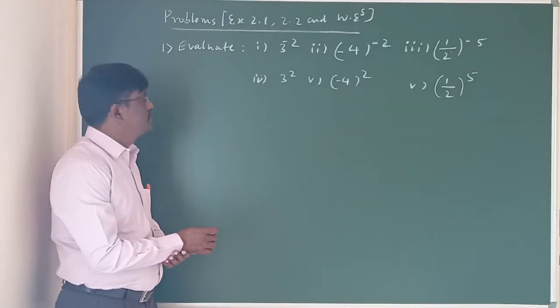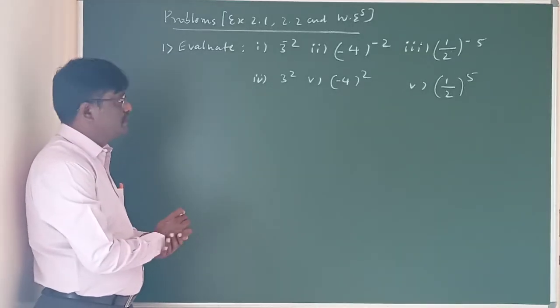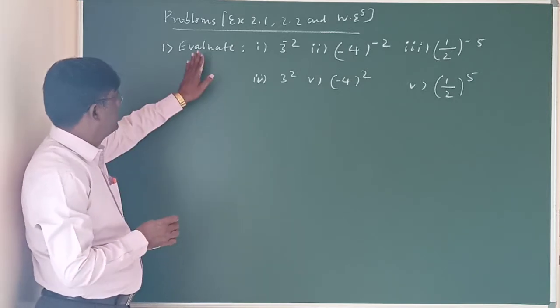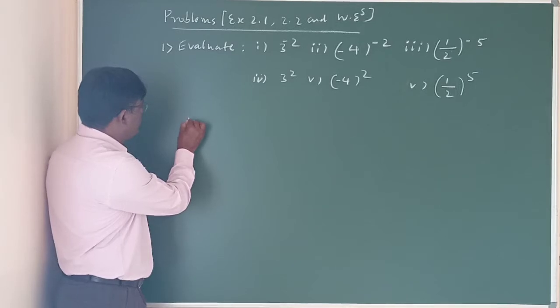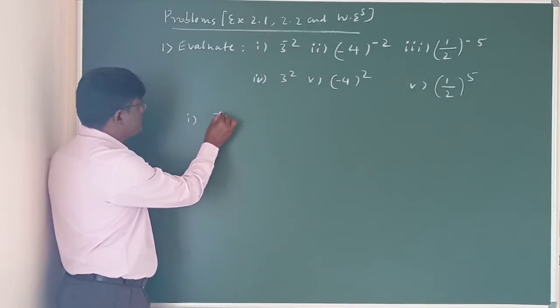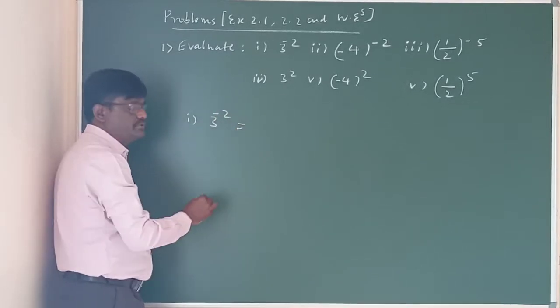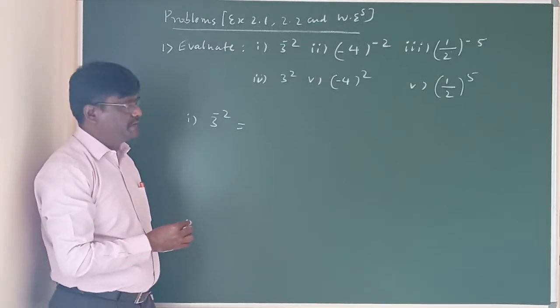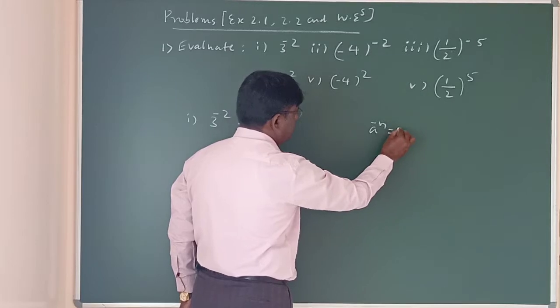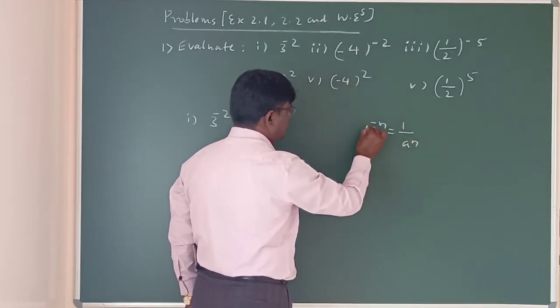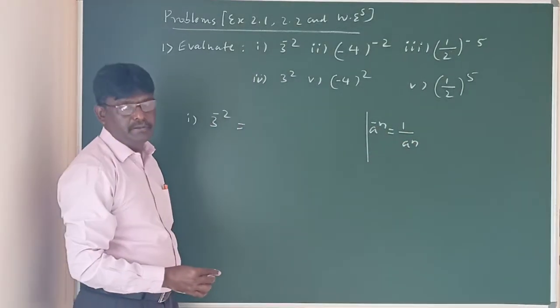Okay, children, now we shall take some problems based on the rules of exponents. The first one is this, evaluate. Here we shall take one by one. 3 raised to minus 2. 3 to the power minus 2 is just like the form a power minus n, expressed as 1 by a power plus n.